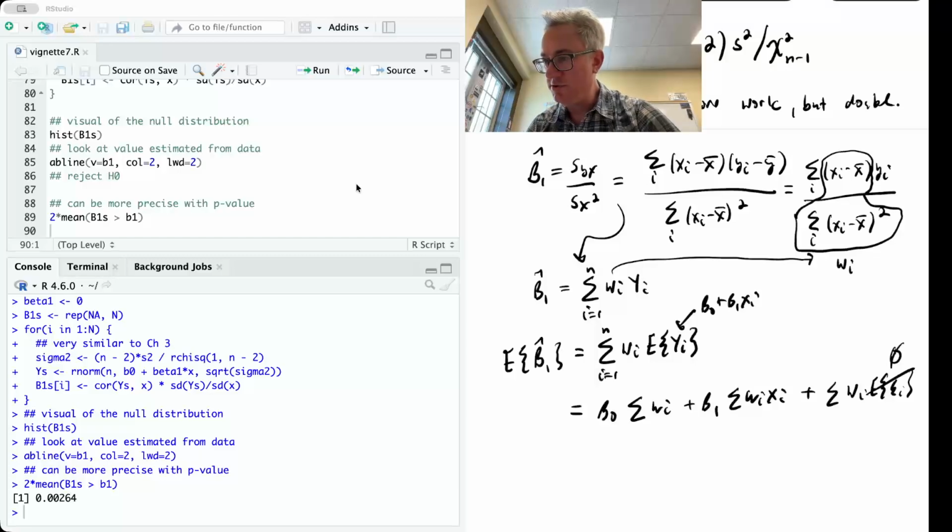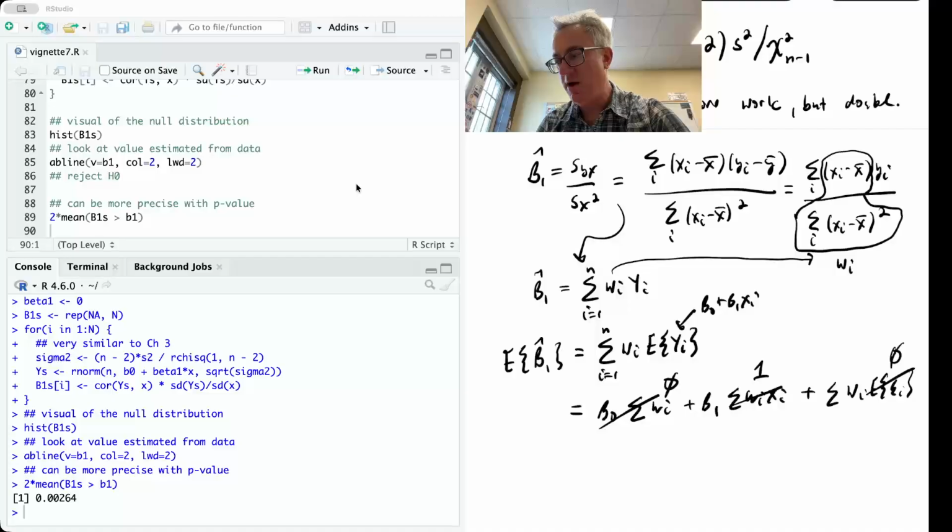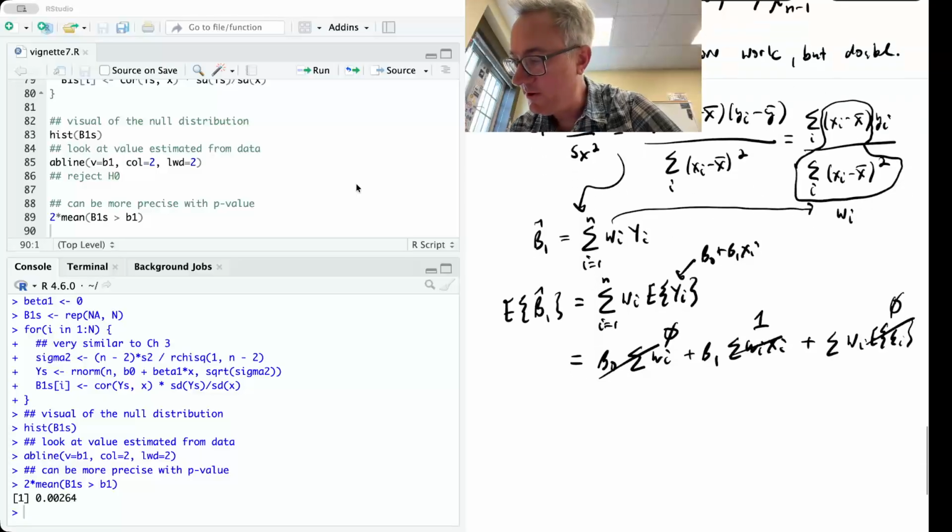You can also show that this term evaluates to 0. There's a little identity in the book that helps you work that out. And then all of these go to 1. So I encourage you to either figure that out on your own or look at the identities that are provided in the book.